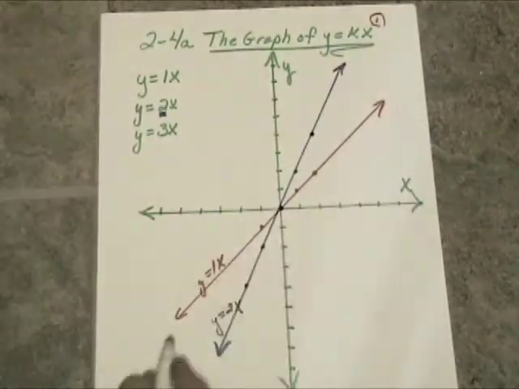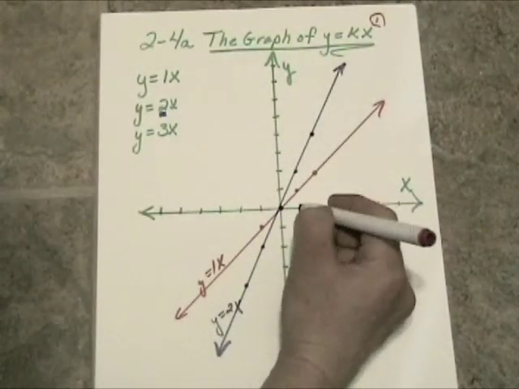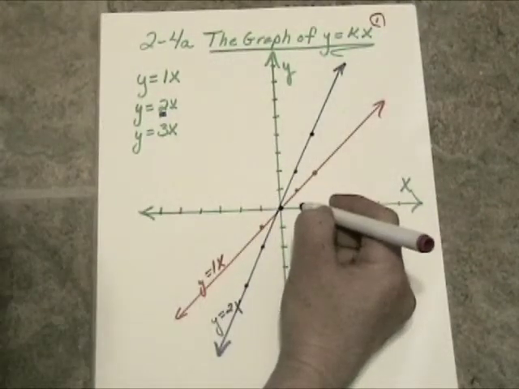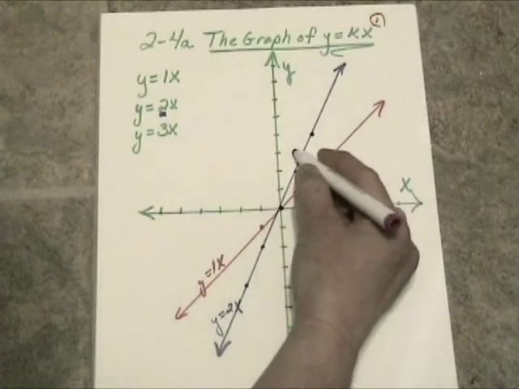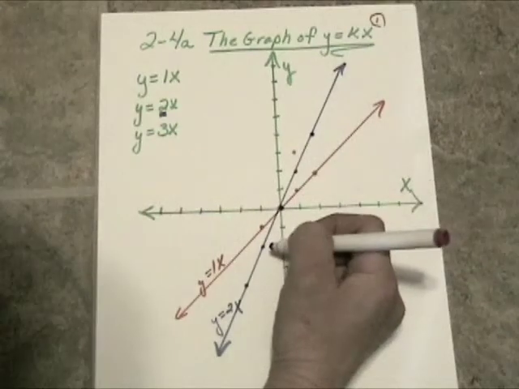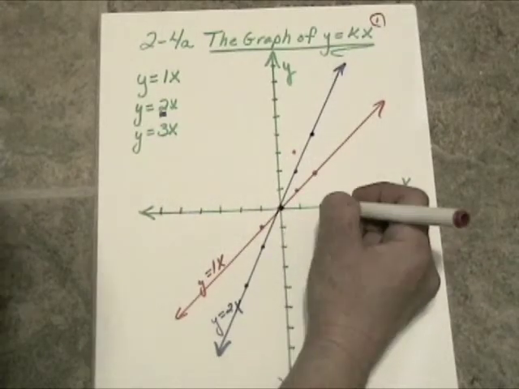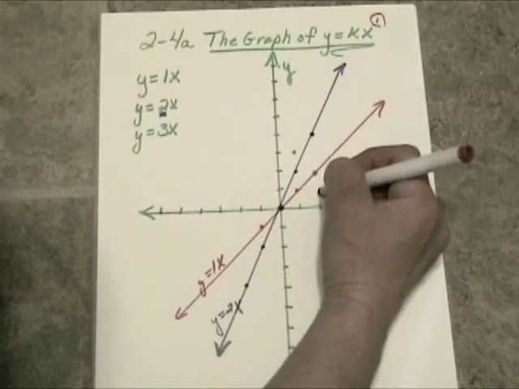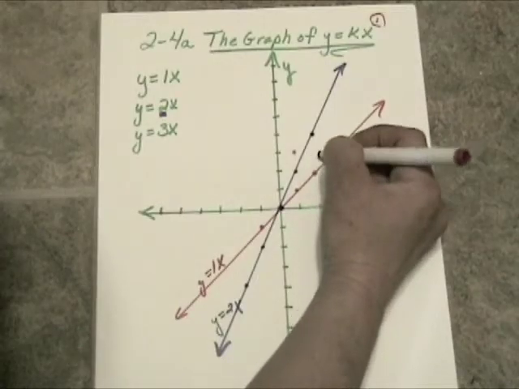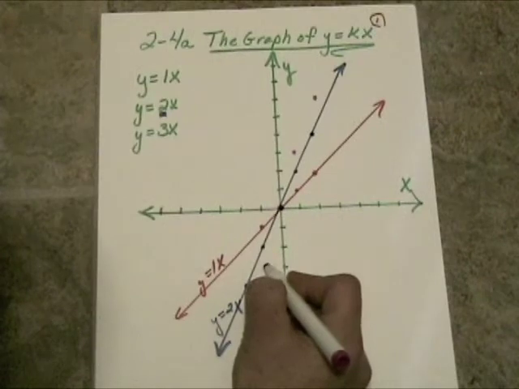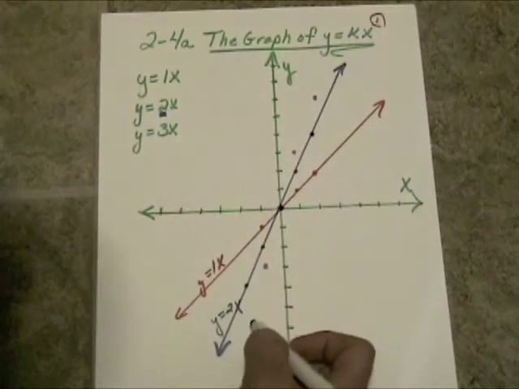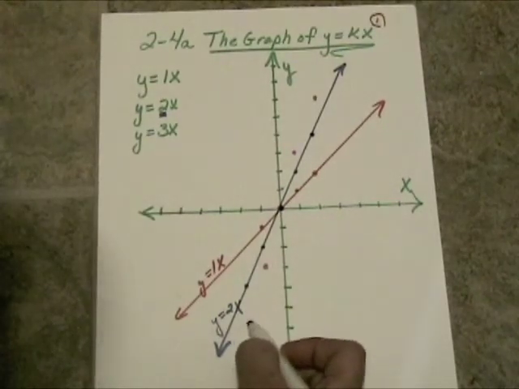Alright, if x is 1, y will be 1 times 3, which is 3. So we're going to go up even higher there. This one will pass through the origin also. When x is 2, y will be 6. Let's do a couple negatives: we'll get negative 3, and a y value down here of negative 6.